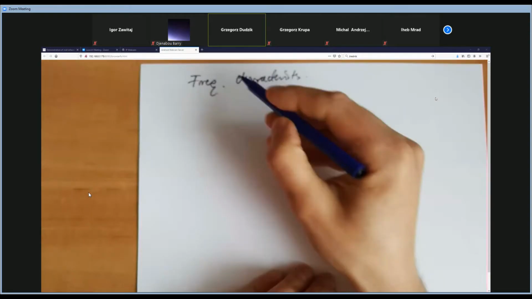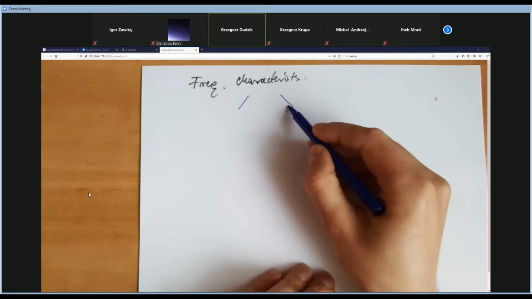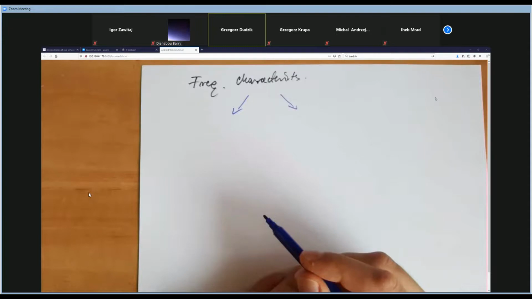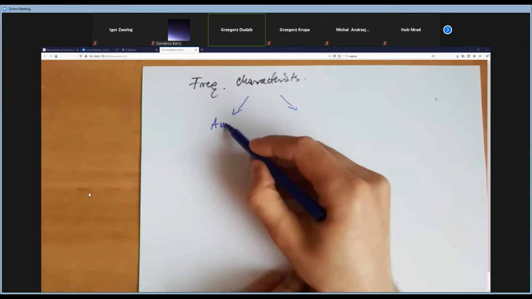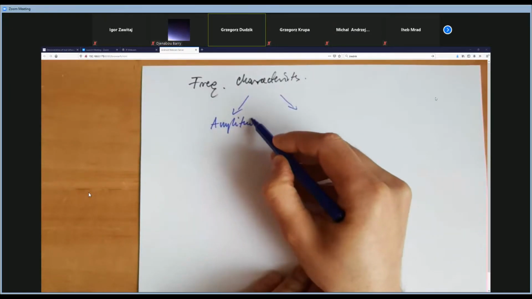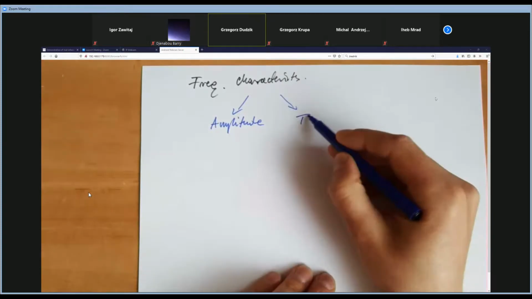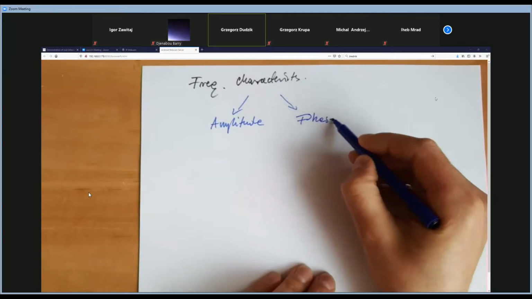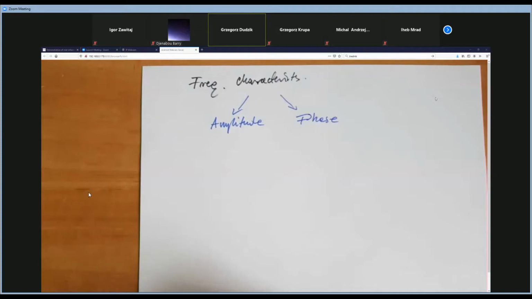The frequency characteristics, in fact, are divided into two characteristics: amplitude and phase characteristics. So you will see why I asked you about these two characteristics, amplitude and phase.